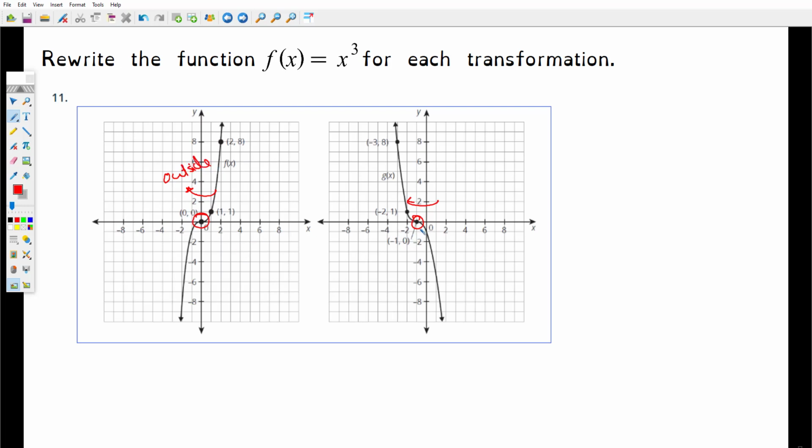And then I went 1 unit to the right, so that means on the inside, I moved one left. And so f of x is going to equal the negative on the outside, x plus 1, cubed.